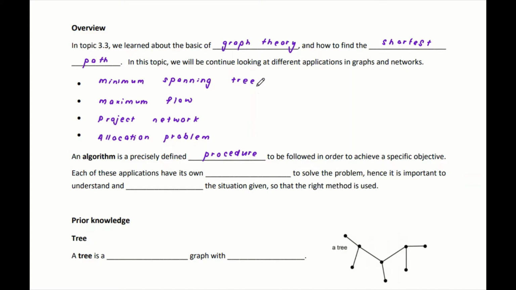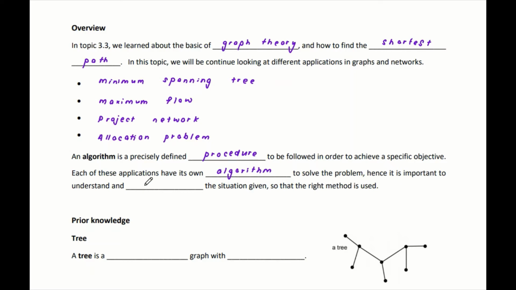Each of these different applications has its own algorithm. So what is very important when you move forward is that you understand the different situations and what problem you are solving in each application.